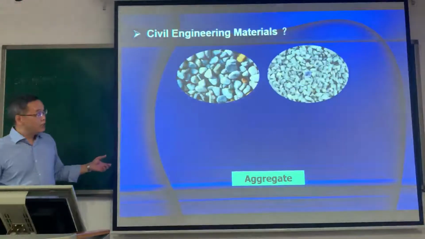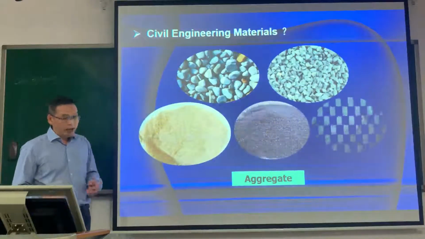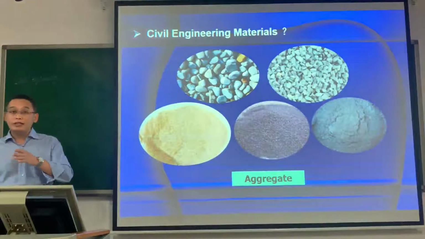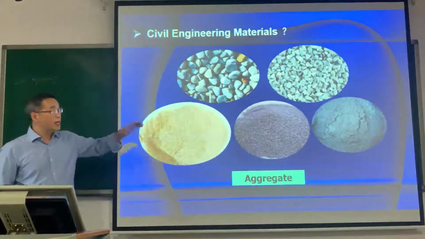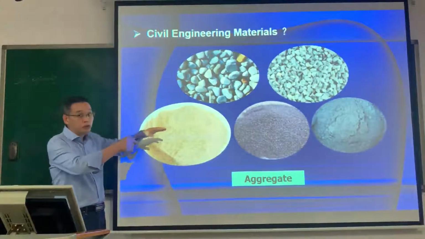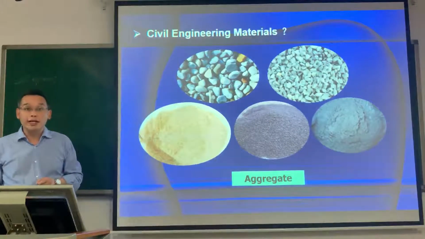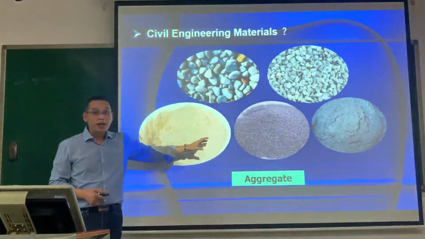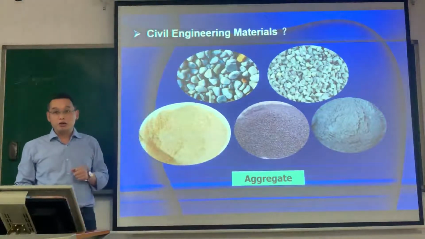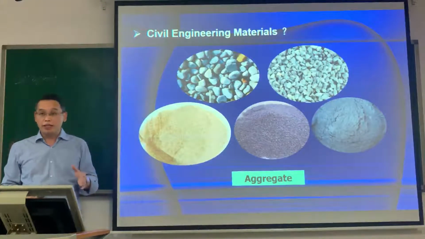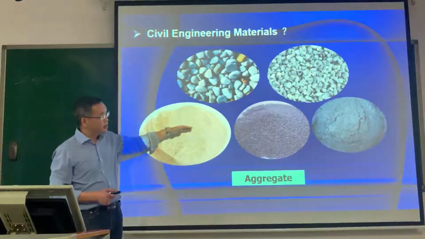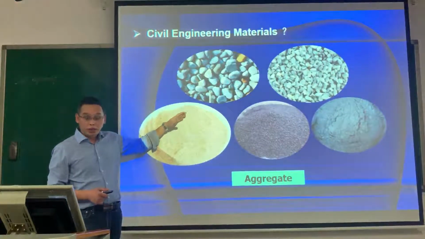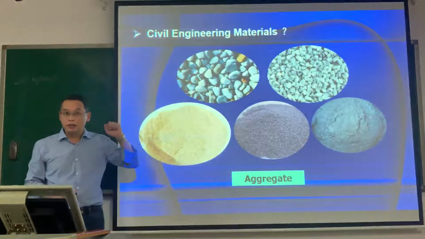And for this kind of aggregate, we can divide them into two kinds. First one is coarse aggregate. And this one belongs to fine aggregate. The function of these two kinds of aggregate is different.